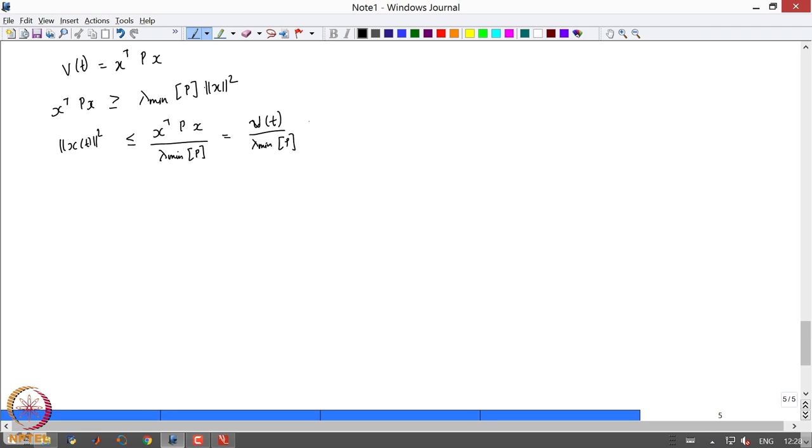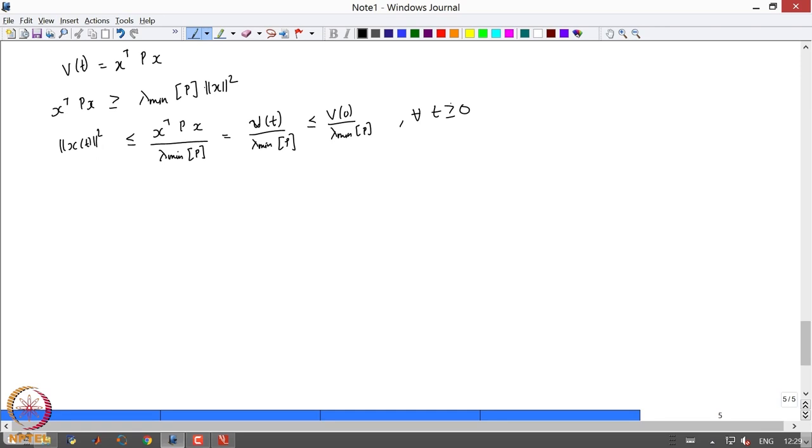This is less than or equal to V of 0, because V is a non-increasing function as proved just in the previous steps. Okay, and this is valid now for all times t greater than or equal to 0.